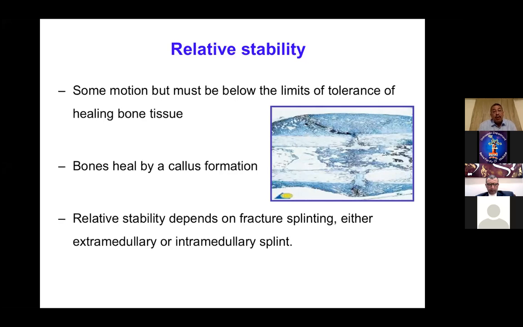But now you feel happy to have callus formation. And relative stability means you splint the fracture, either intramedullary or extramedullary, in order to have this atmosphere of keeping the natural process take place, and at the same time applying the functional reduction.